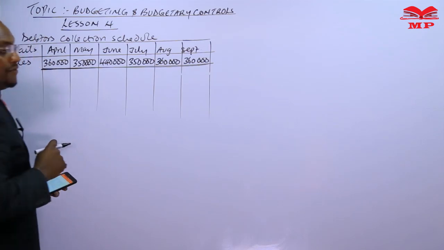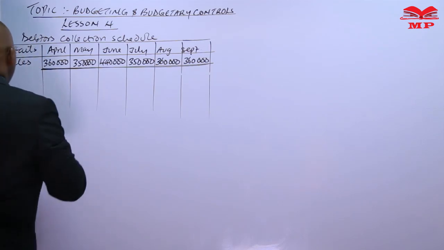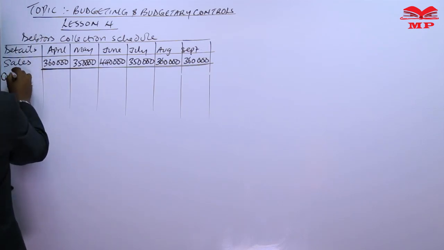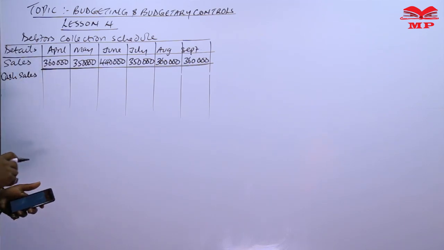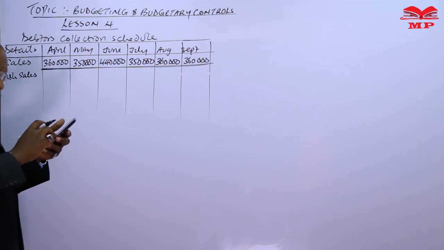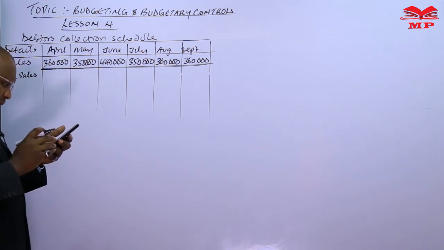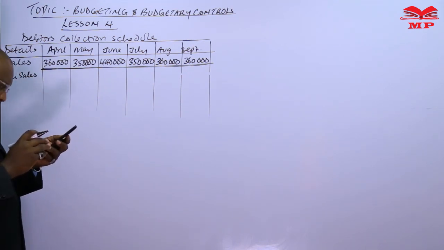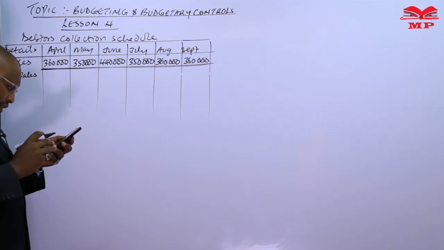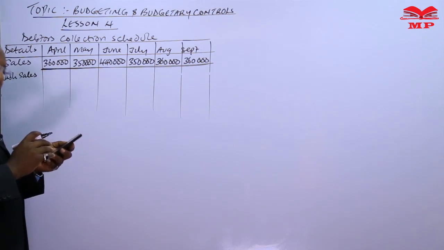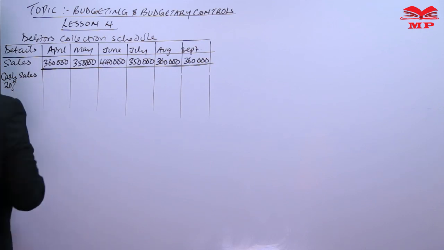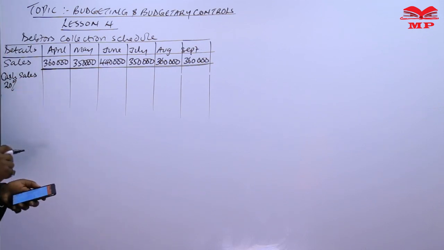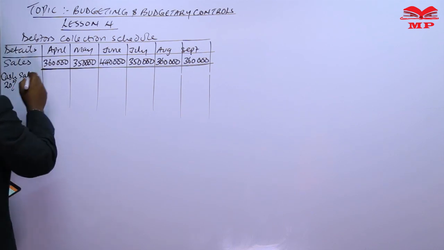So we are going to have the cash sales. This one will be 20% as you are told, but this one will be having a discount of 4%. So it will be 20%, yes, but because of the discount of 4%, we shall collect 96%.